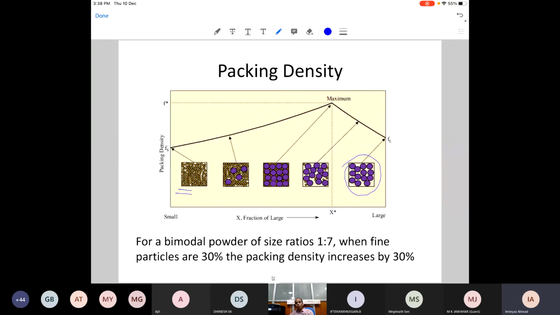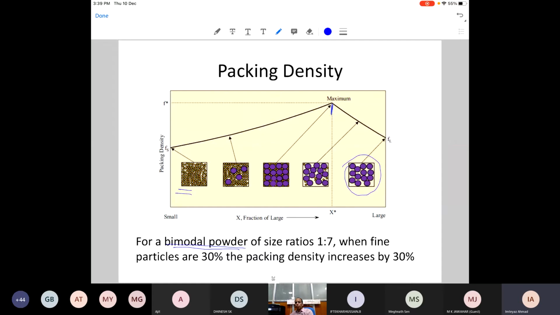In order to get good powder packing, you need to come somewhere in between. That means you have to mix. Generally, a bimodal powder size is more beneficial or is chosen.